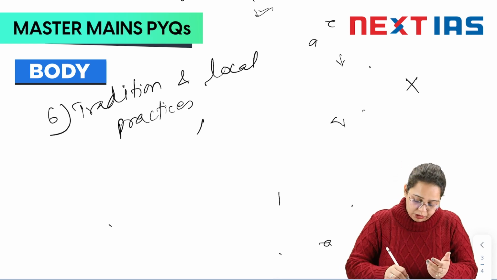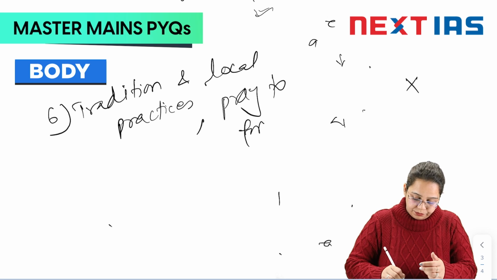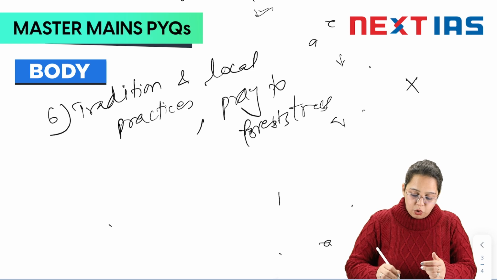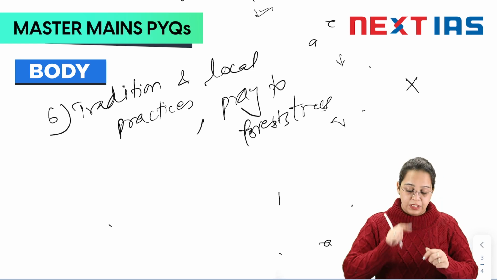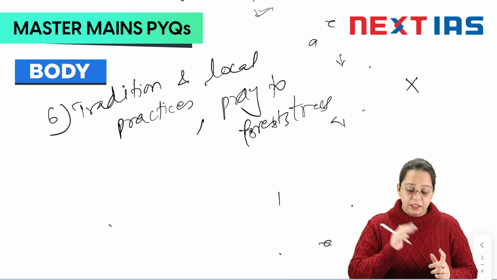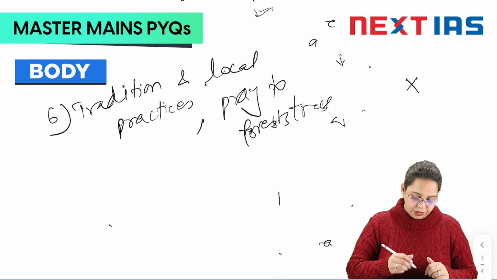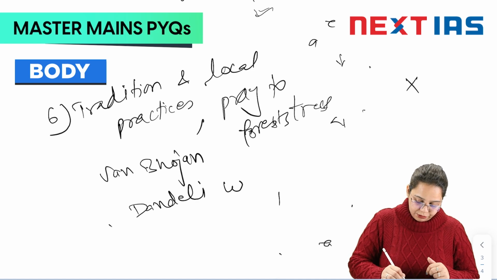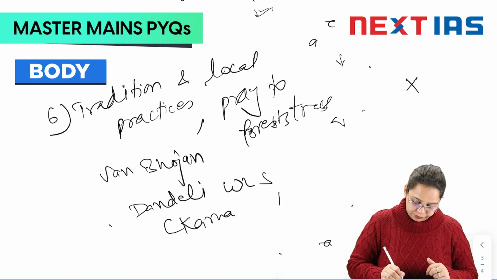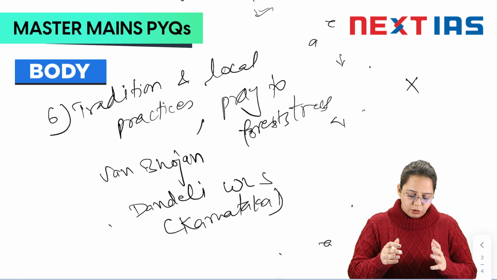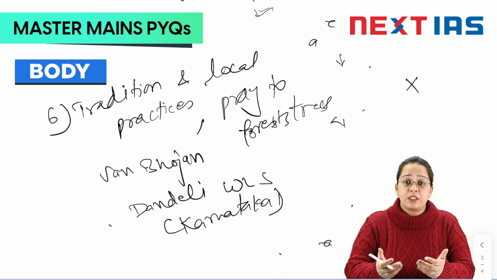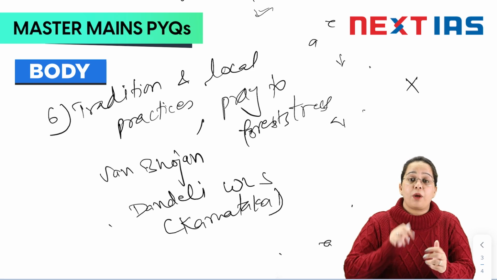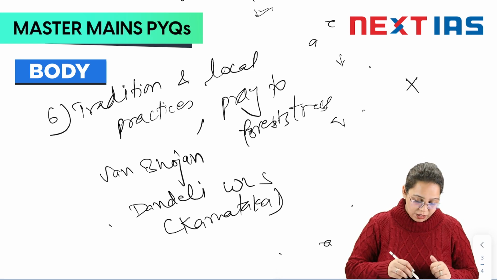They pray to the forest, trees and all. So because of the conservation efforts in the wildlife sanctuary, these trees and forest areas are preserved, and thus the tradition of these locals can be preserved. As an example, you can tell about Van Bhojan in Dandeli Wildlife Sanctuary. This can be quoted. It is in Karnataka. Try to substantiate your point through examples, because it shows that you have done good research on the topics of your syllabus. So this is also a part.